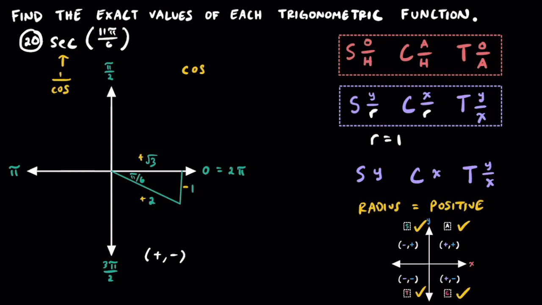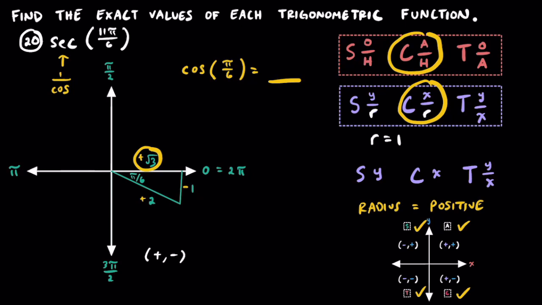And so let's go ahead and find out what cosine of this pi over 6, this reference angle, is. That's going to be our a over h, or our x over r. Our x value is positive √3, and our r value, or radius, is 2. So we're going to have a positive √3 over a positive 2.